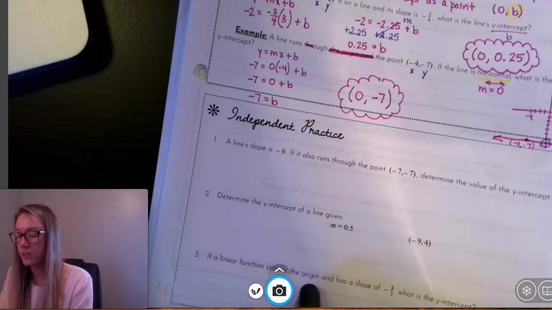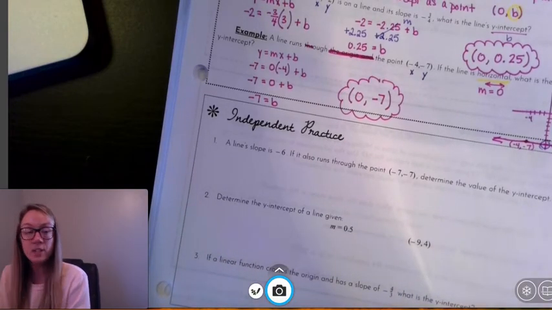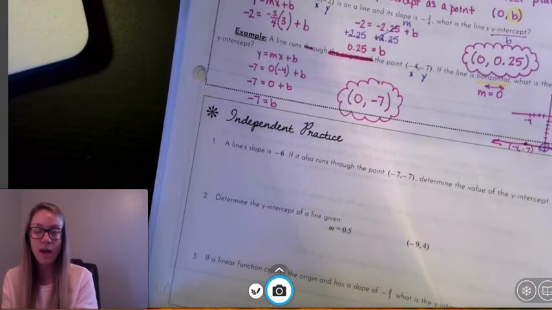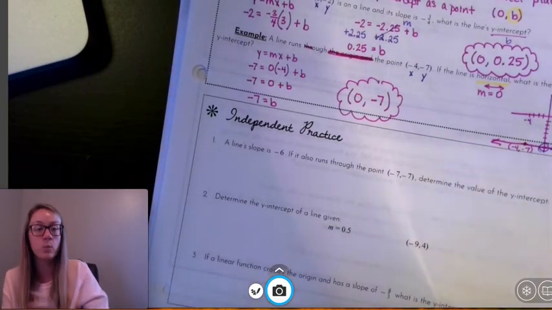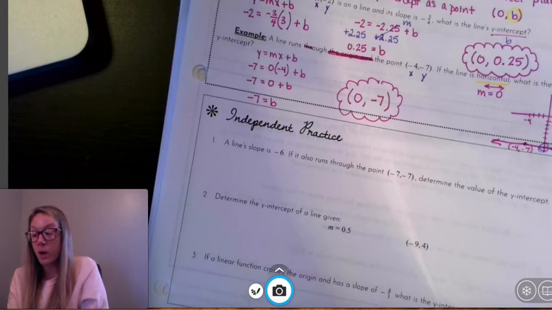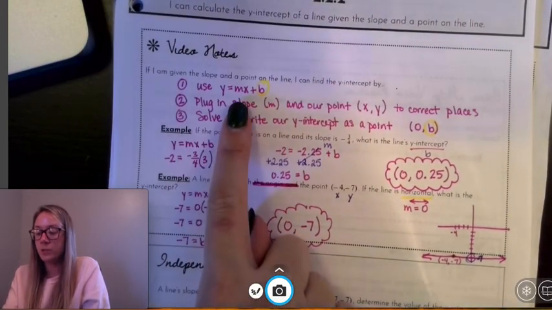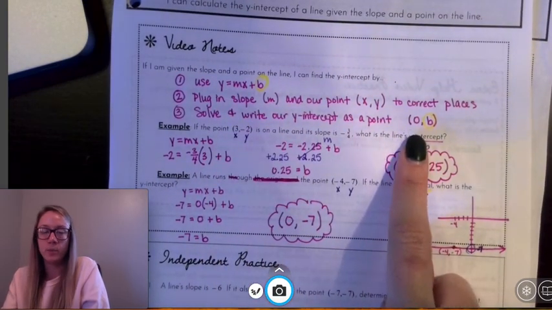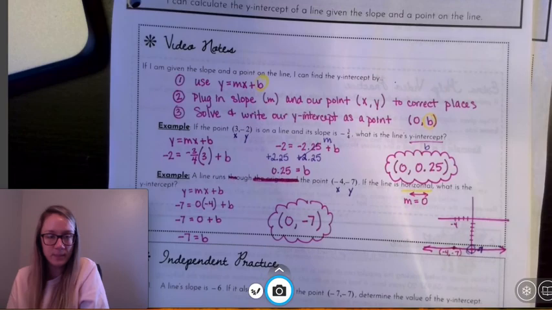This one says it crosses the origin with a slope of this. How these questions are worded could be fair game on a test, so you have to know how to do all of them if they're worded a little differently. They're all asking for the same thing. So you want to use your slope-intercept form, plug in what you know, and then solve and write your answer as a point, (0, whatever your y-intercept is).